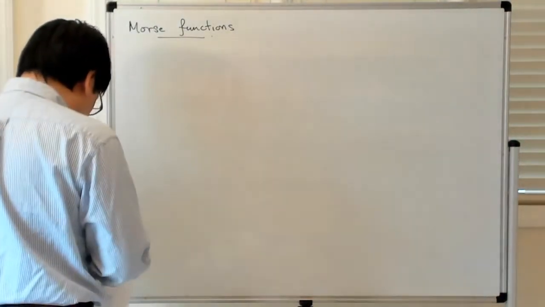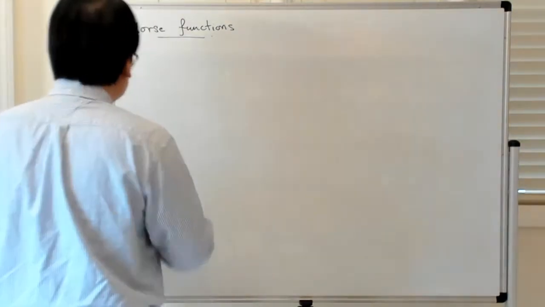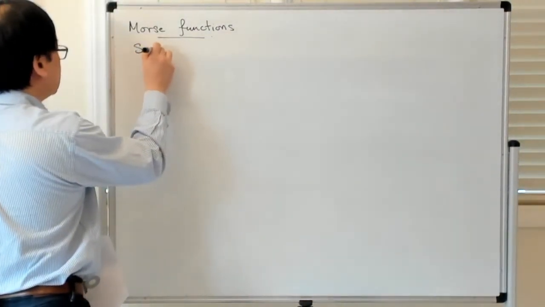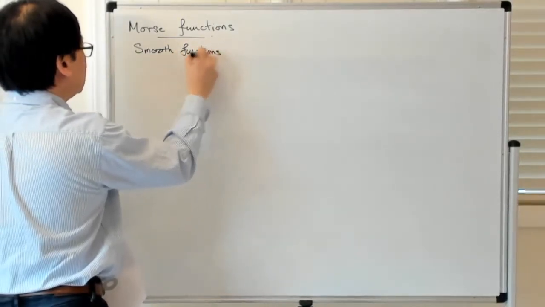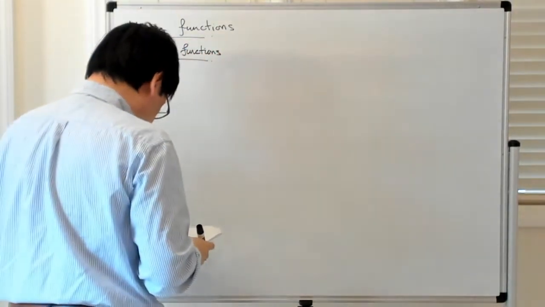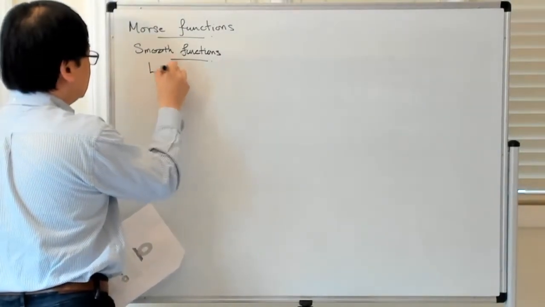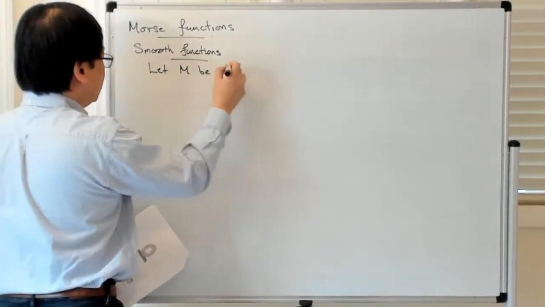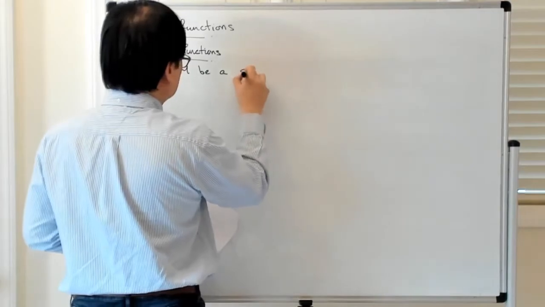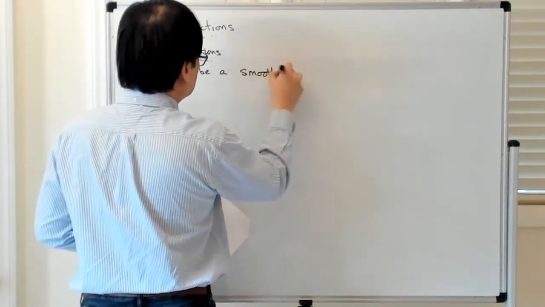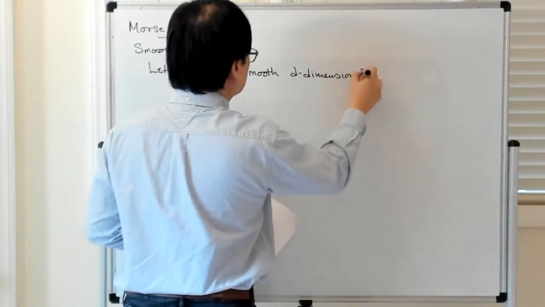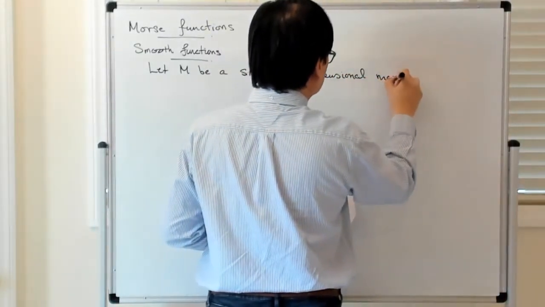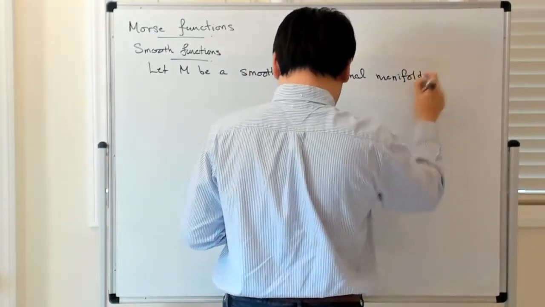Okay, so now let me try to say a little bit more about smooth functions, in particular on a manifold. So let M be a d-dimensional smooth manifold.